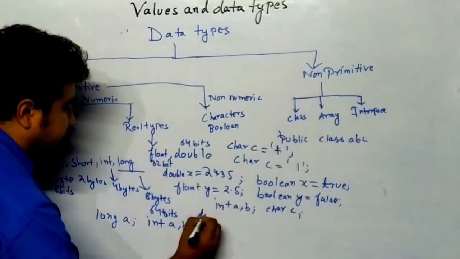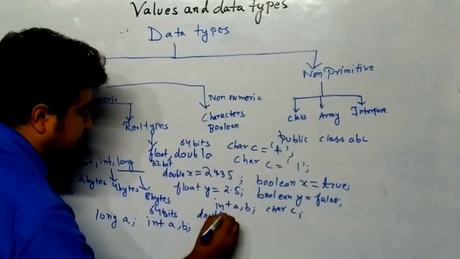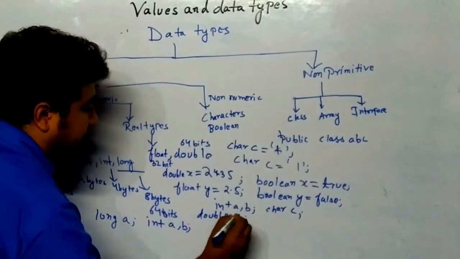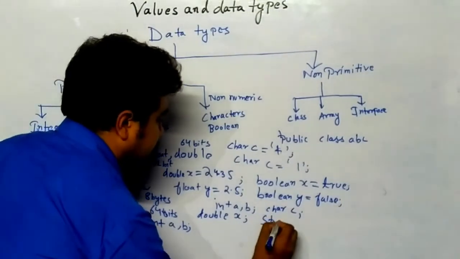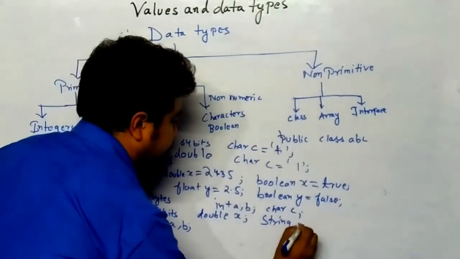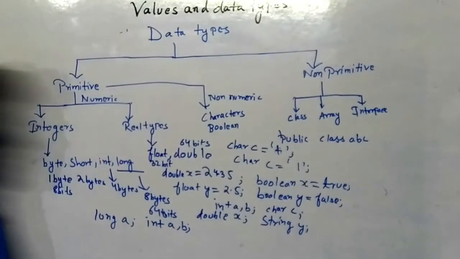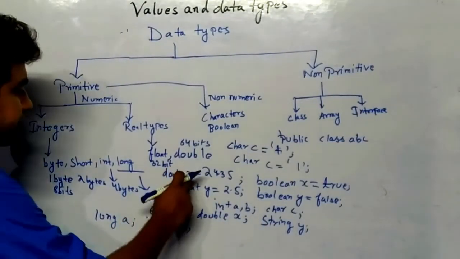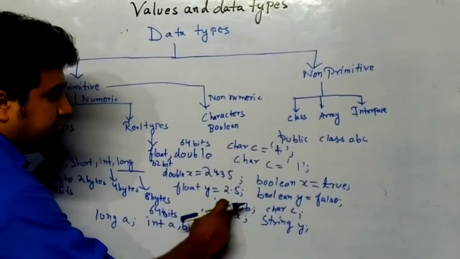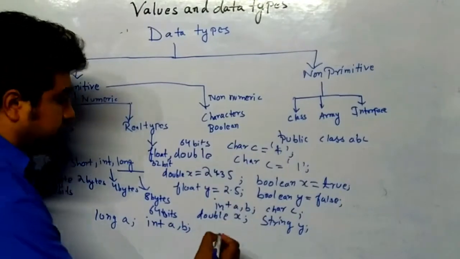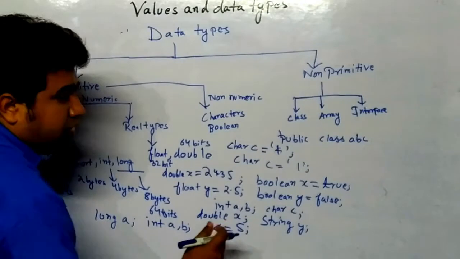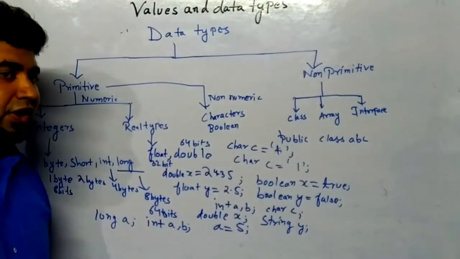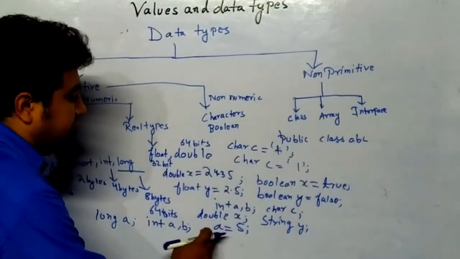If you want to declare a double type of variable, double of x. String type of variable, string and y. Now assignment like this you can do. In this step also, if you have declared a and b, then you have to just write here a is equal to 5. Means now assignment is storing a value. 5 is stored in a.